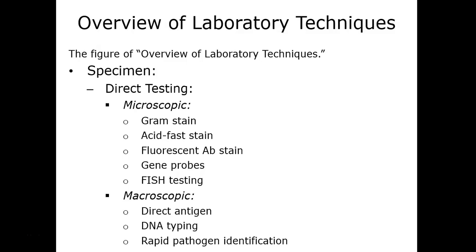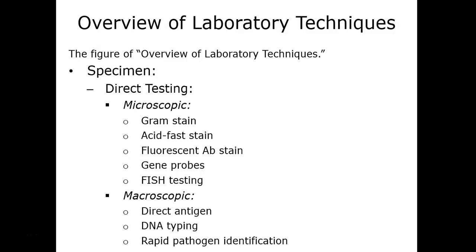Gene probes, as we mentioned, those DNA probes attach to a very specific site on the DNA molecule. So remember that DNA is made of a series of what we call bases, letters, A's, T's, C's, and G's. And they match together. So two strands will adhere based on their similarities.